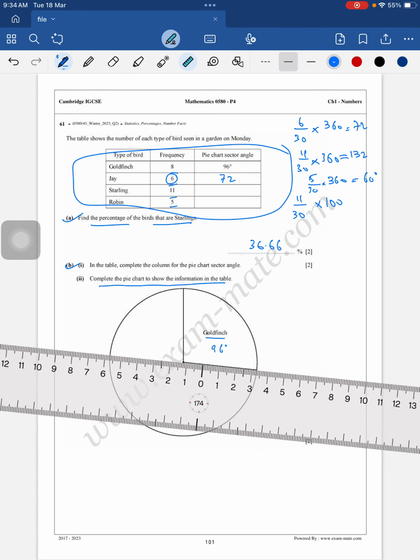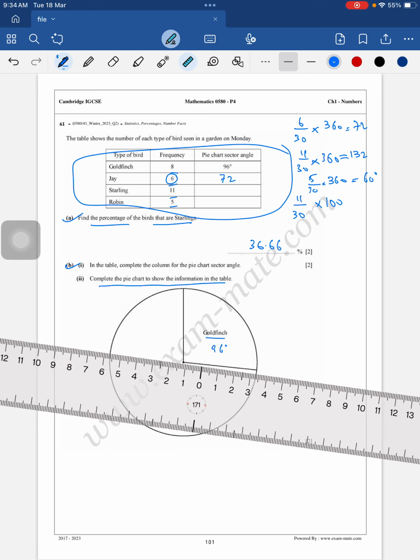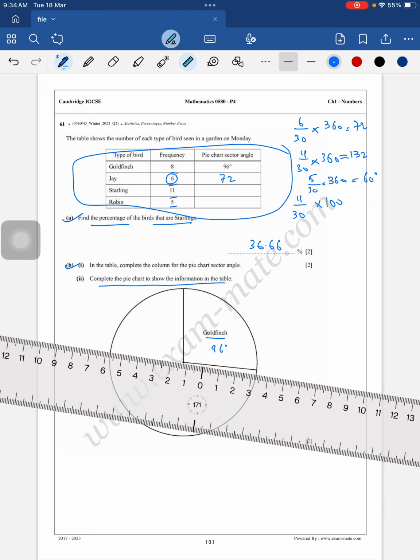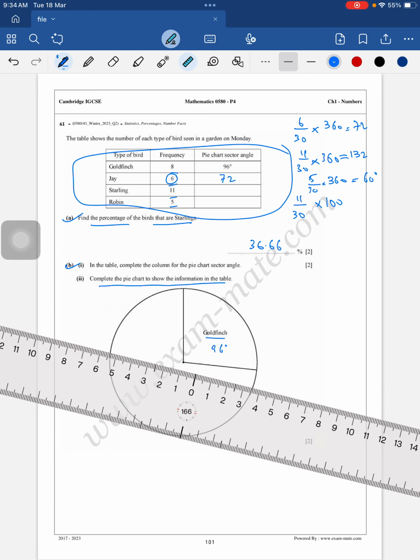To draw further, I will add 72 first. So 174 plus 72, but it is subtracting, so I will subtract 174 minus 72, which is 102. So I will make this at 102.